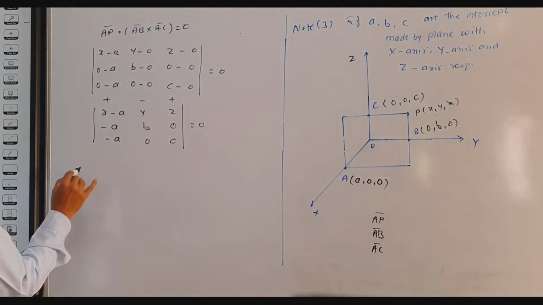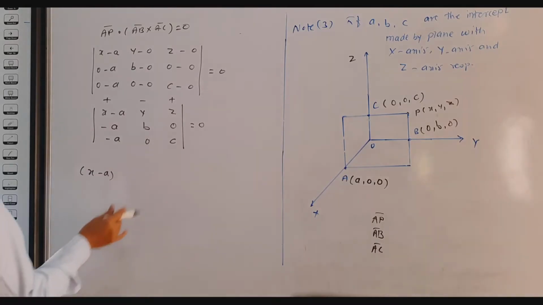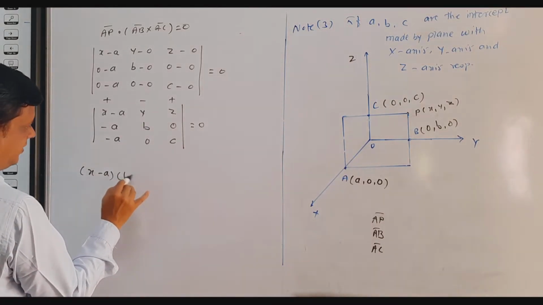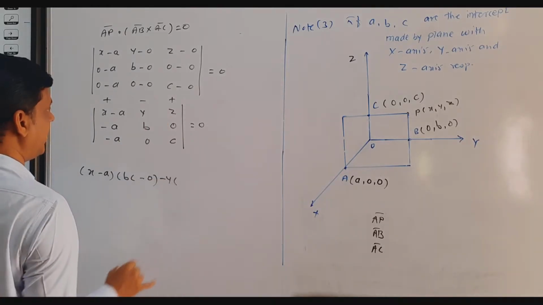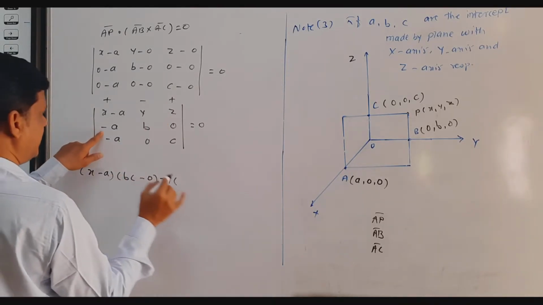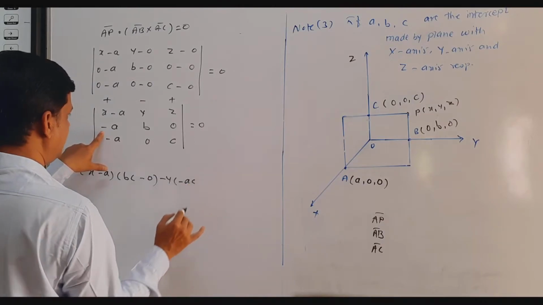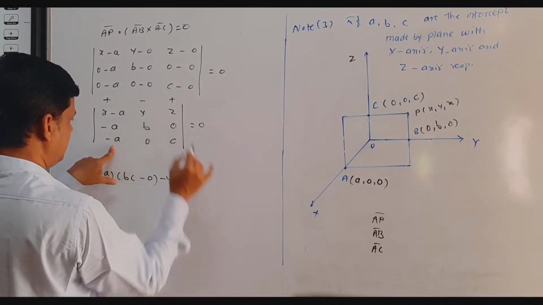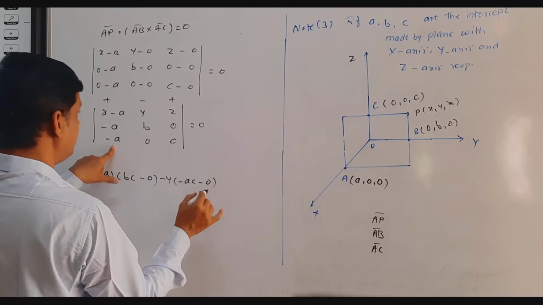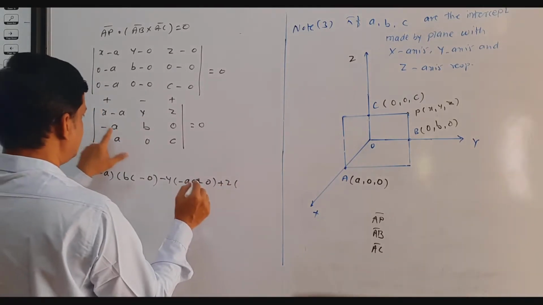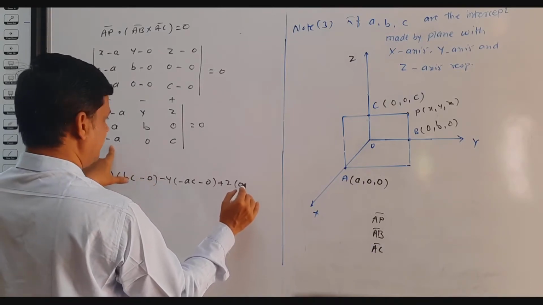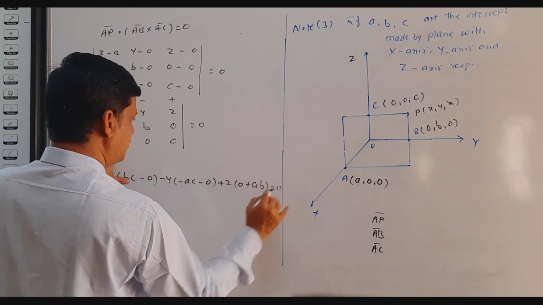So we write x minus a in bracket b into c, minus 0 into 0, minus y in bracket minus a into c, that is minus ac, minus 0, then plus z into minus a into 0, we get 0, minus minus plus ab, is equal to 0.